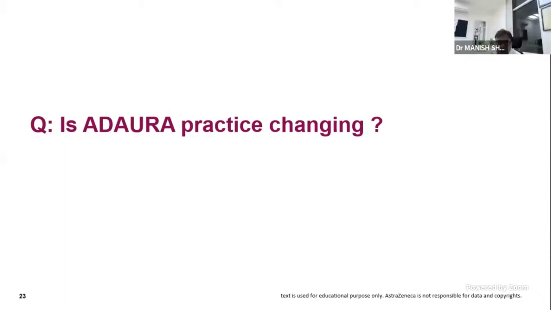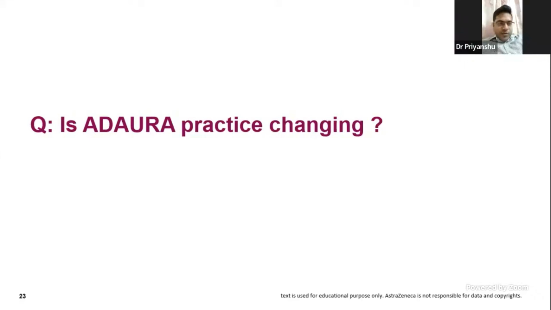My answer is yes. The drug is having such good hazard ratios for PFS, I think we will have the overall survival as well. And please do remember that being progression free in CNS is extremely important, which has been shown in this ADAURA trial. So Priyanshu. Yes, sir, it's practice changing.